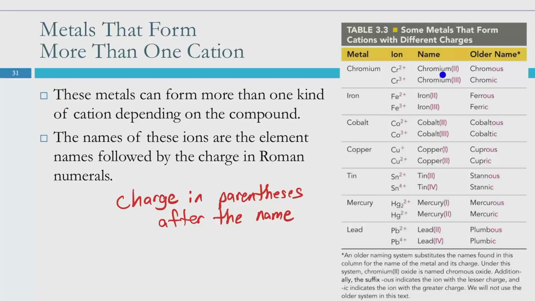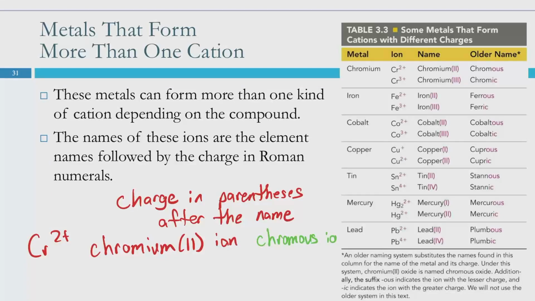So chromium 2 is the chromous ion. So Cr2+. The stock notation, chromium(II) ion. Older notation, chromous ion. The higher charged one, chromium 3, takes the ic ending.